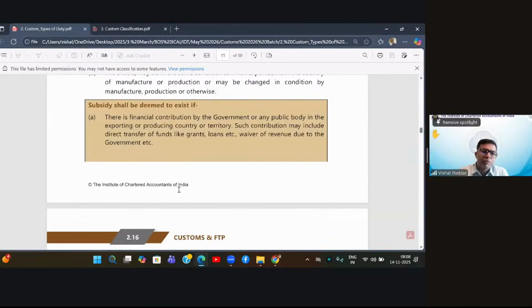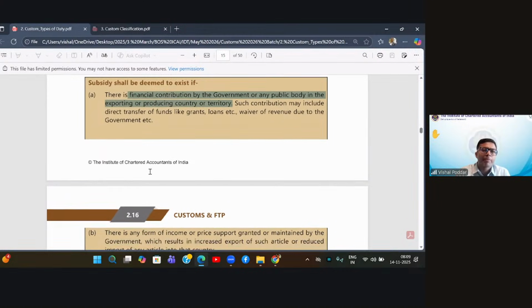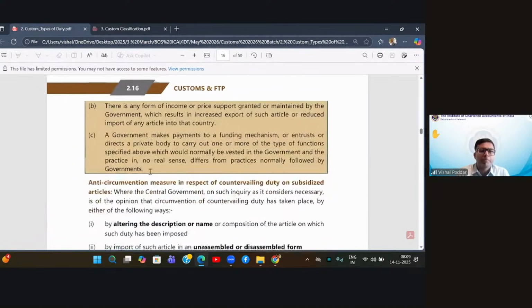Now, for this, you have to first establish that subsidy was given. How is this established? Subsidy shall be deemed to exist if there is a financial contribution by that foreign government or by any public body in the exporting or producing country or territory. So if the foreign country's government or any public body has given some financial contribution to that particular exporter, that will be considered as subsidy.